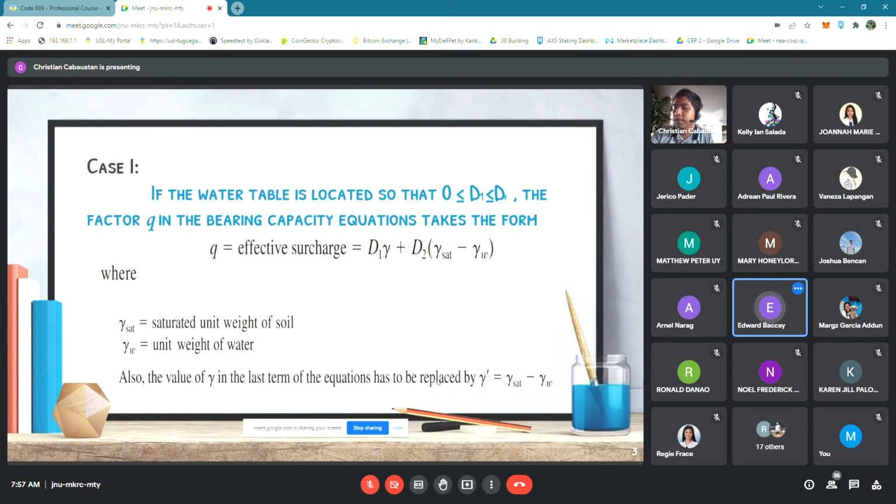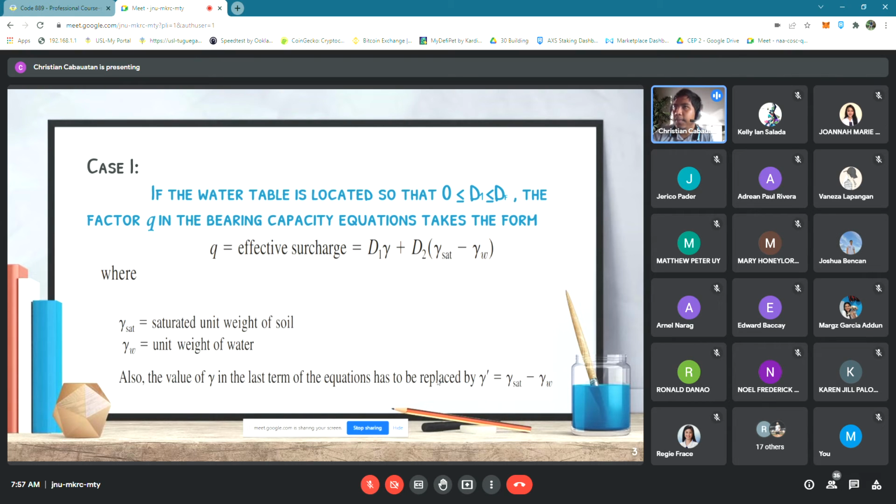Not, sir. Okay. How about you, Mr. Benkan? Yes, sir. What is the equation for that? Square foundation, sir. Yes. 1.3 cNc plus qNq plus 0.4 gamma B N gamma.